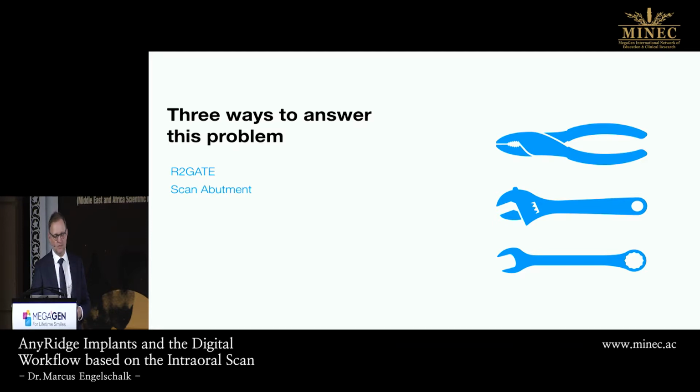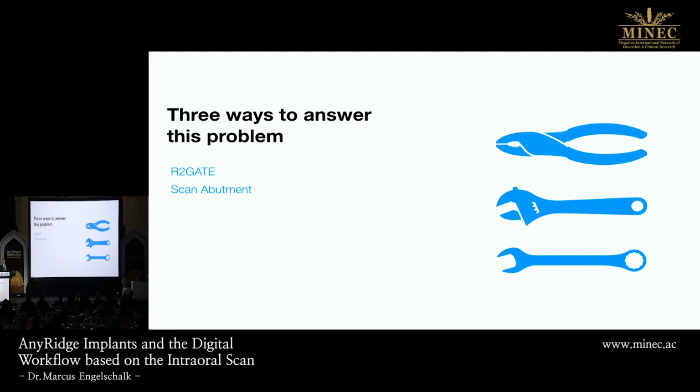A scan abutment which helps us would be a possibility, or something called a scan healing abutment. And by using the words scan healing abutment, there is a solution hidden in this topic. Okay, let's see.